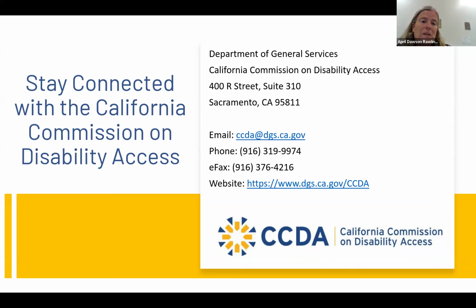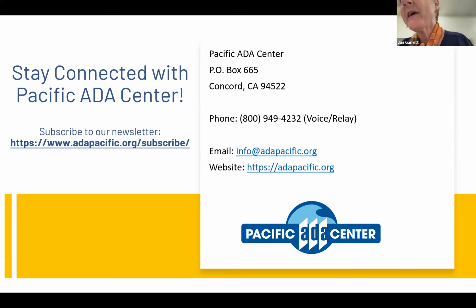I mentioned this earlier for Pacific ADA Center. You can call us at 1-800-949-4232, toll free, and you can email us at info@adapacific.org. I really encourage you to check out our website at adapacific.org. It's in plain language and should be easy to navigate.